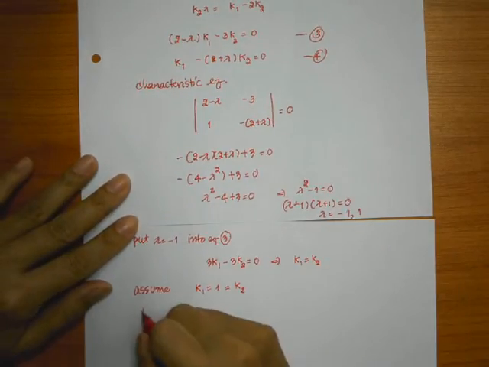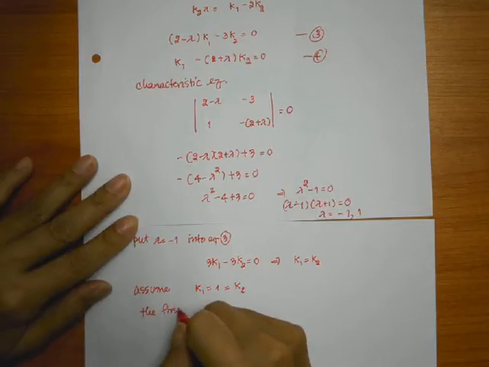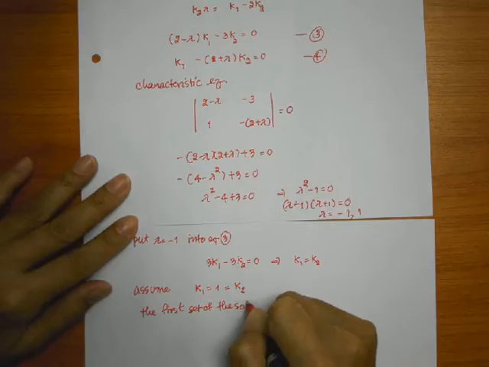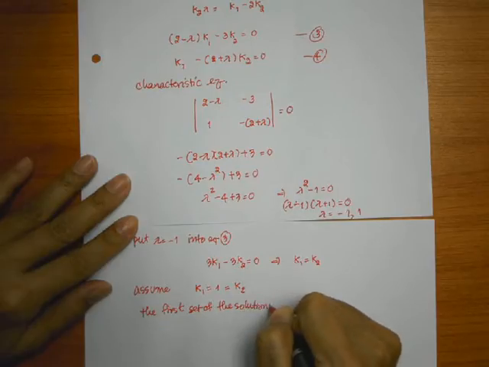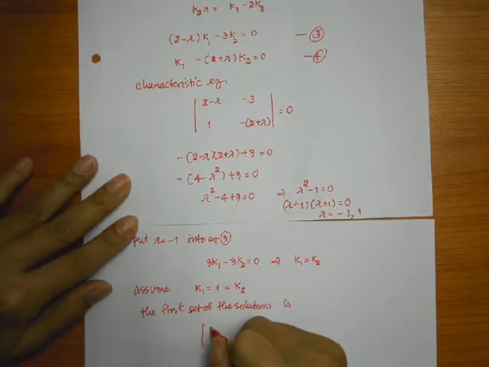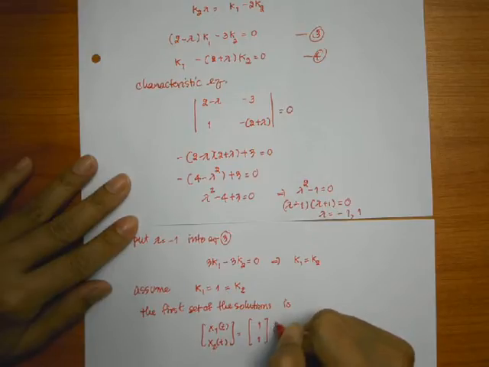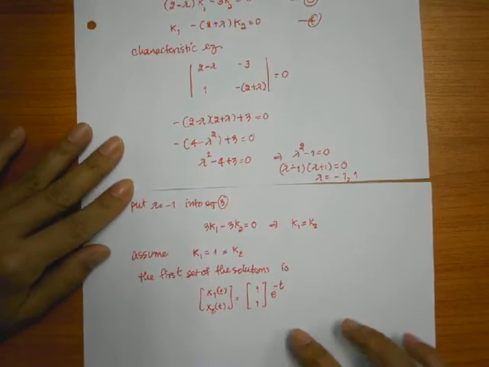So the first set of the solution is x1, x2 as a function of t. It's equal to 1 exponential of lambda t. That is our first set.